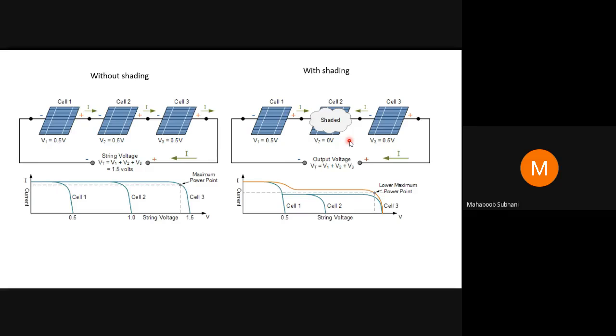So there is a drop of 2 watts of power in this region. So if only one cell is shaded, that much power has been lost. So think of the number of arrays that get shaded in a panel, how much power would have been lost. So this should not happen for a solar power vehicle.